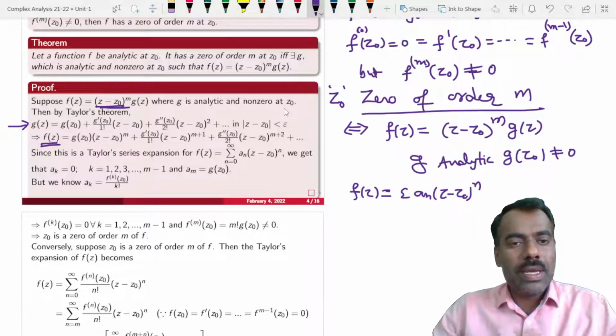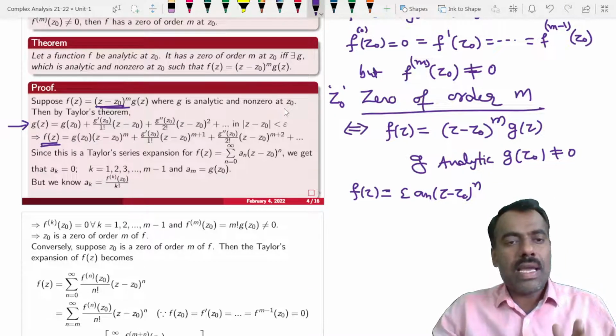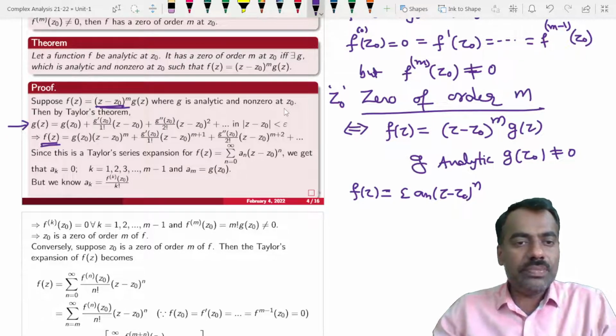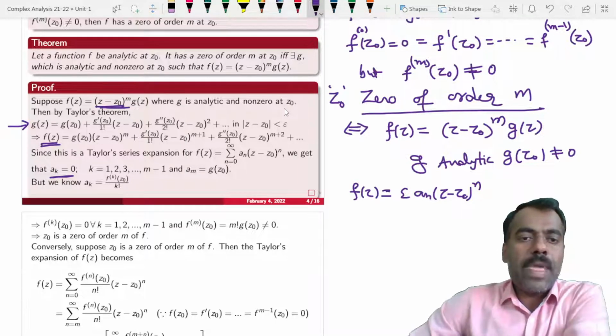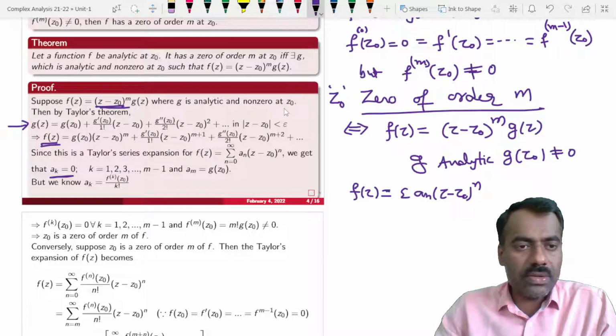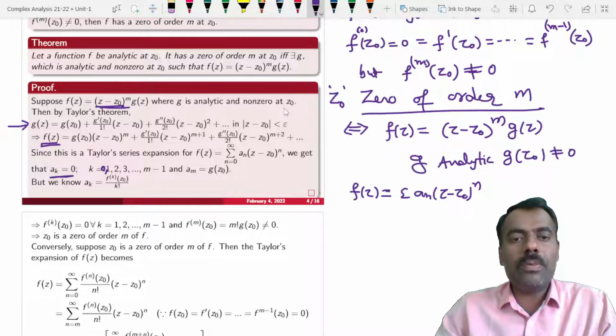That means before m minus 1 all coefficients are 0, so a k for k from 0, 1, 2 up to m minus 1 are all 0.